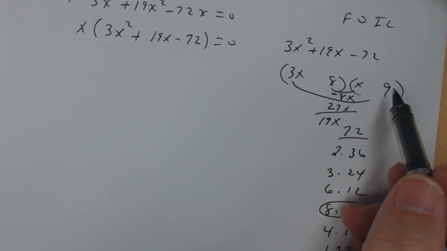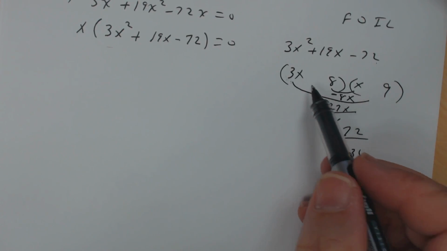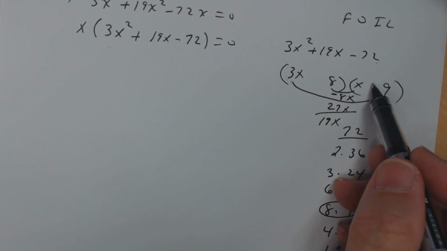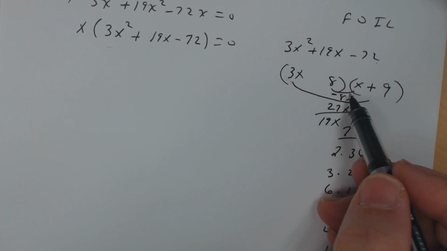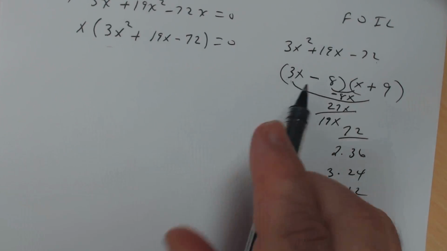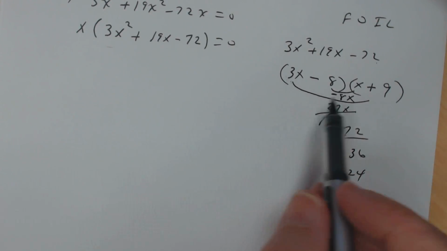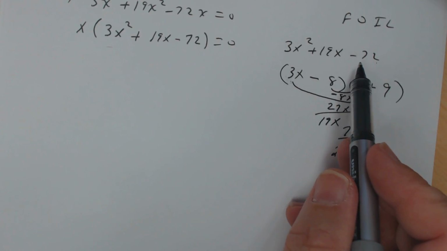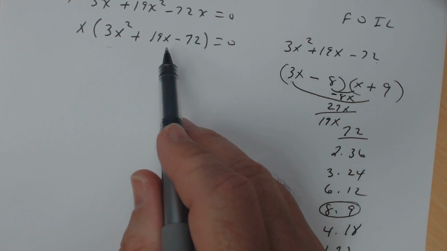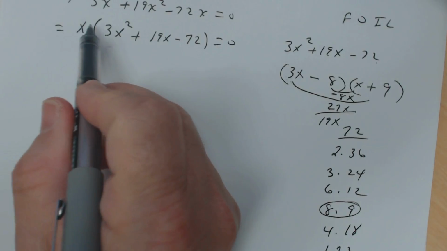So in order for the outer to be positive 27x, I would need this to be a plus symbol. In order for the inner to be a negative 8x, I would need this to be a subtraction symbol. And so this right here is the factorization of this. But I've got to bring it right here. Don't forget the GCF though.